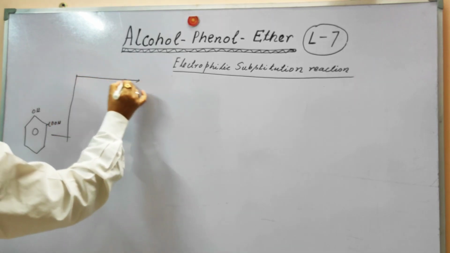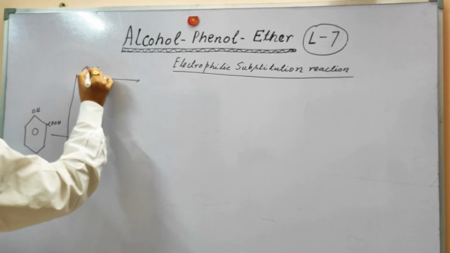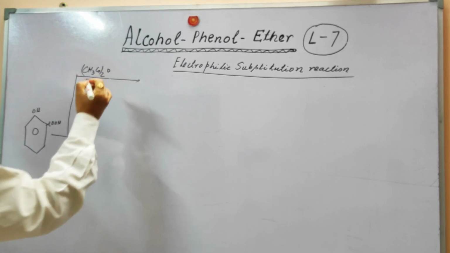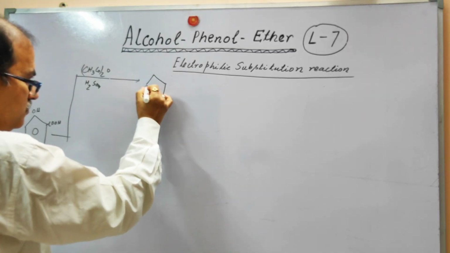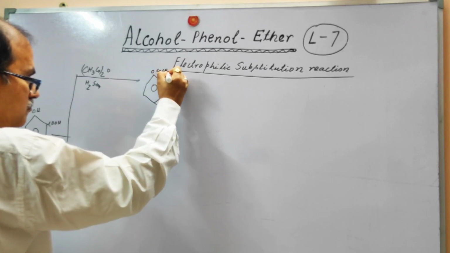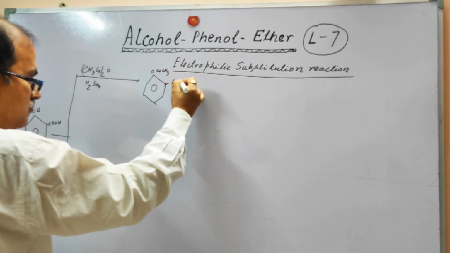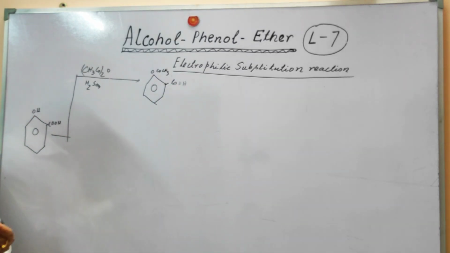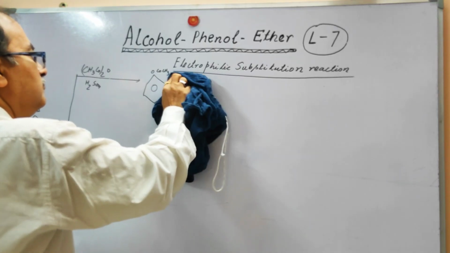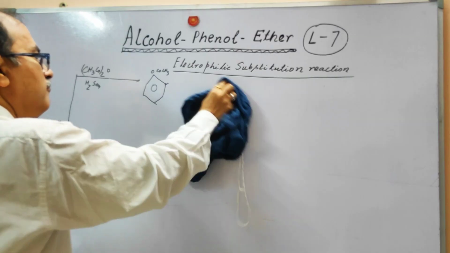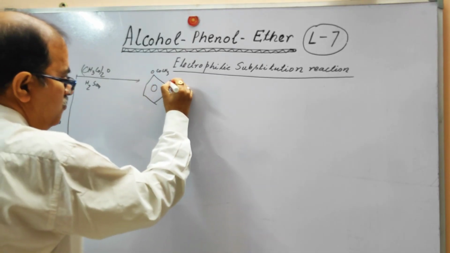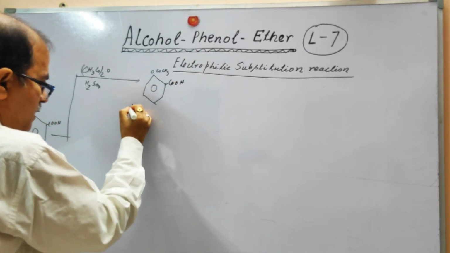When this salicylic acid reacts with the acid anhydride in presence of H2SO4, it is going to produce this. This is aspirin.